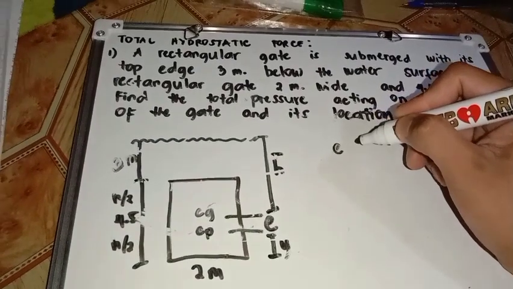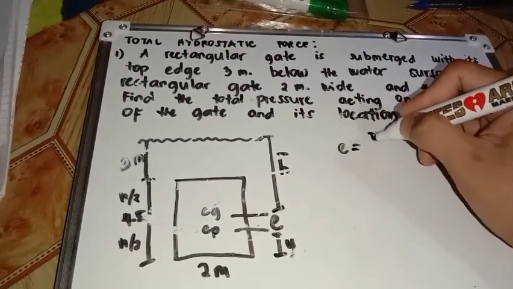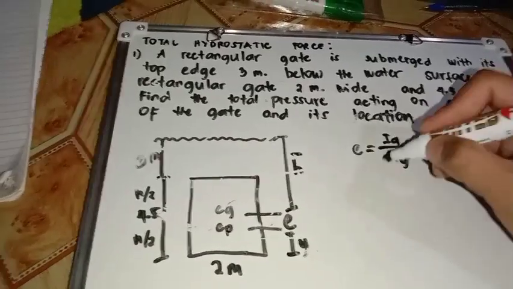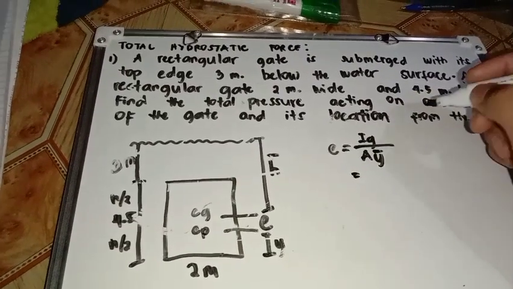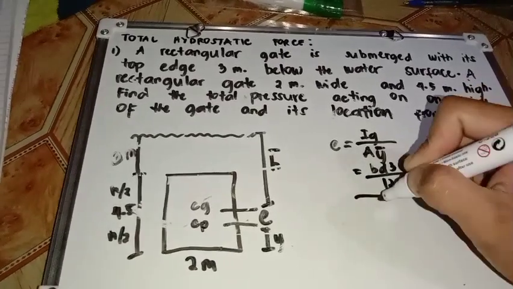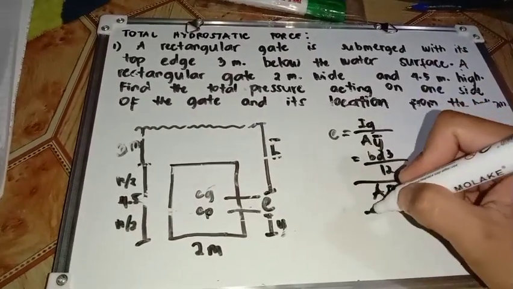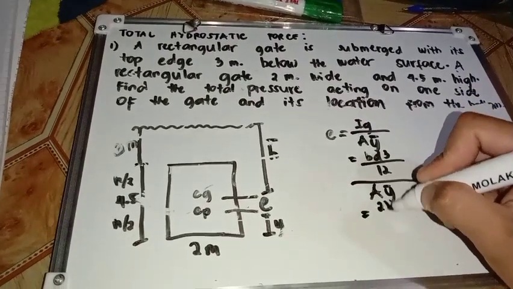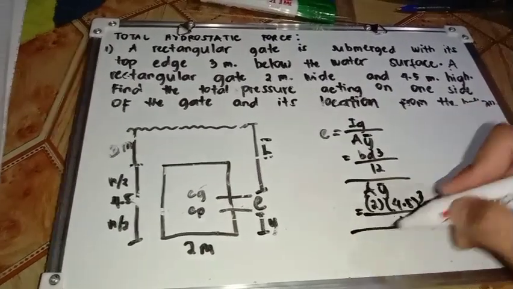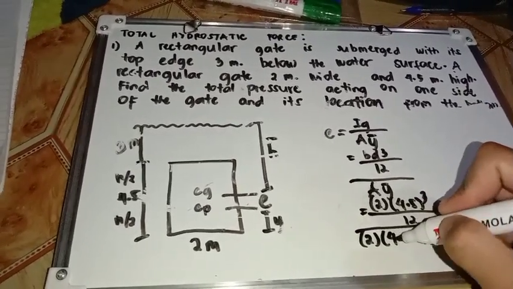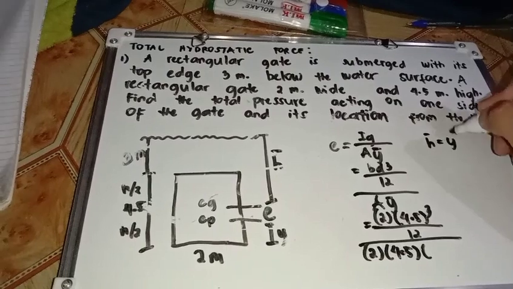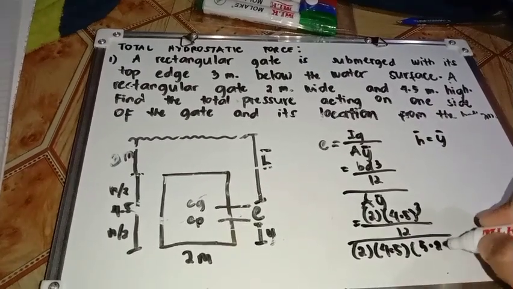In finding the eccentricity, the formula is Ig over area times bar Y. The formula in finding the moment of inertia is BD cube over 12 bar Y. So, 2 times 4.5 cube over 12 is 2 times 4.5, then bar H is equals to bar Y. So, ang bar H na to is 5.25.